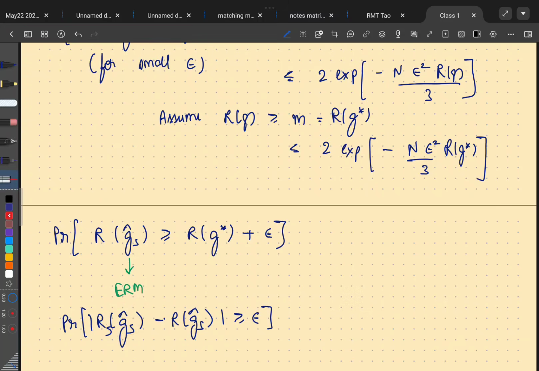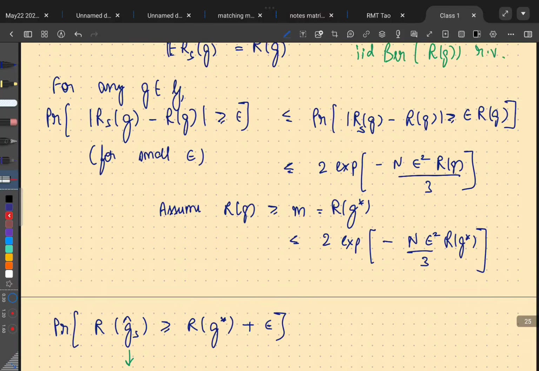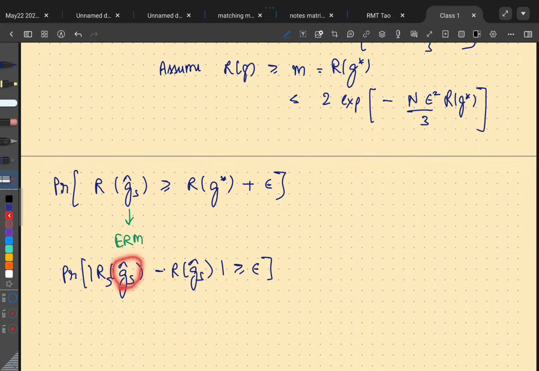Previously, when we wanted to use our Chernoff bound, this Rs of G was a sum of IID Bernoulli random variables with parameter R of G, which is a fixed deterministic quantity. But now GS hat is not a fixed deterministic function. It is a random function that depends on the n IID samples.